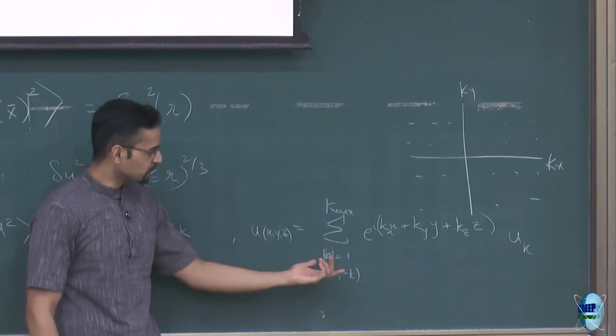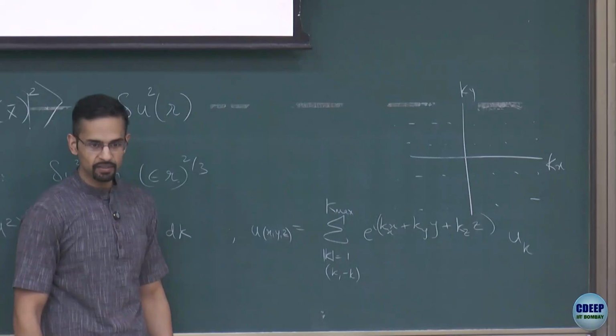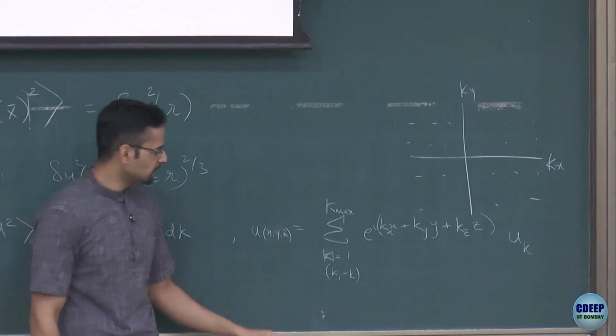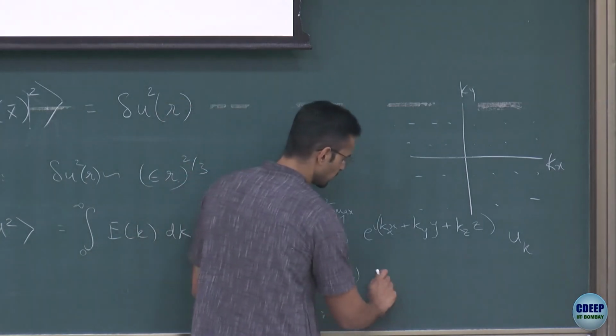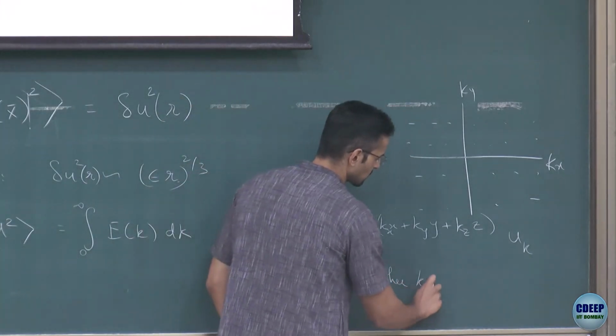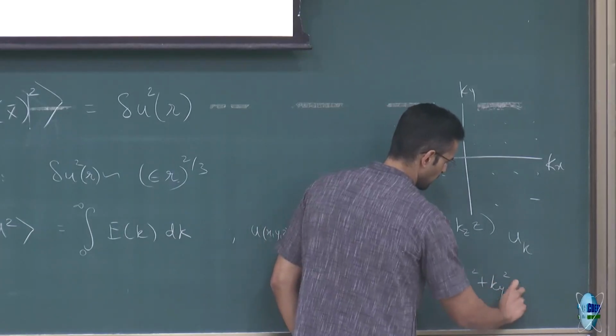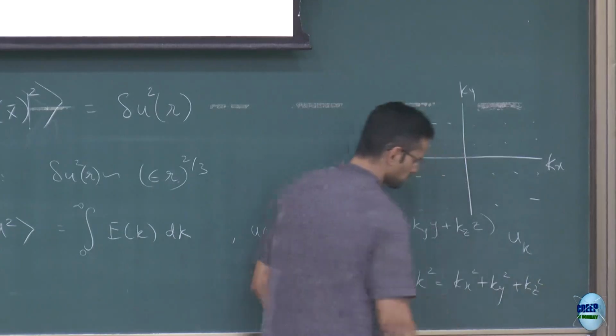Of course I take k and minus k so that I get a real number, so I add the complex conjugate. The magnitude k is given by kx squared plus ky squared plus kz squared.